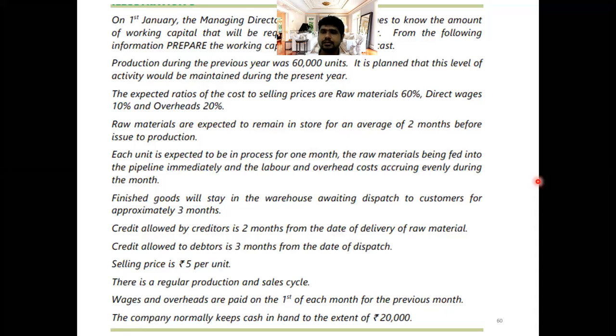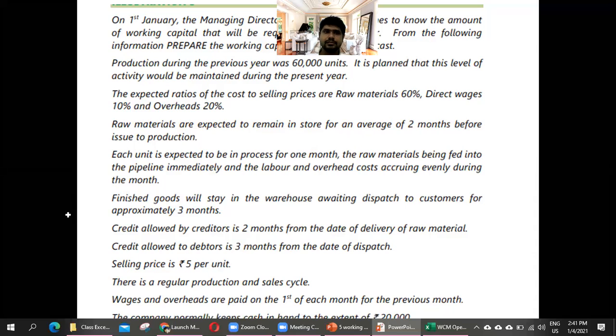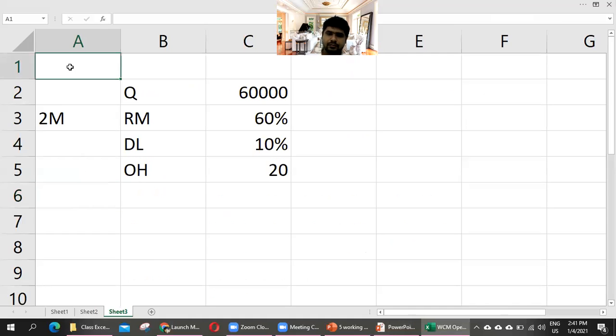How many days or how many months does it take? Please respond. Work in progress, how long does it take? It takes 1 month, right? It takes 1 month.